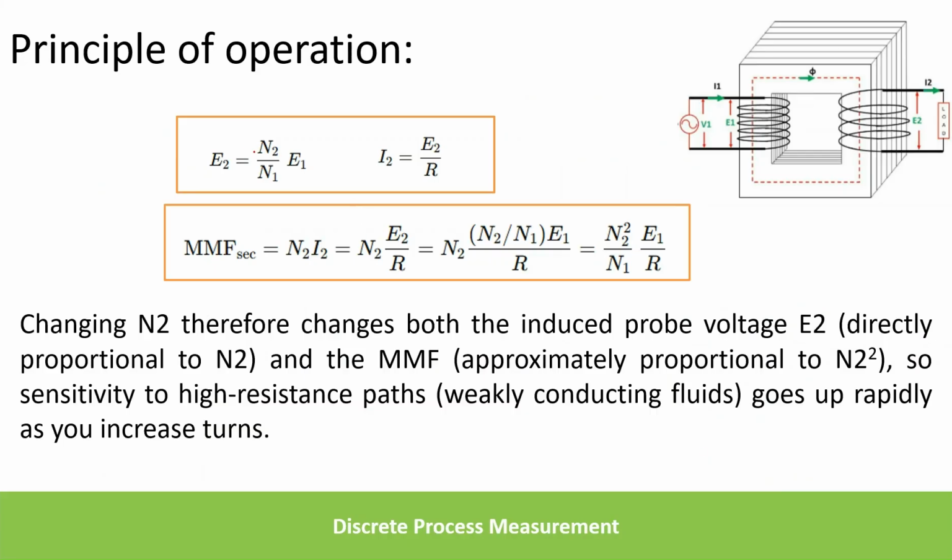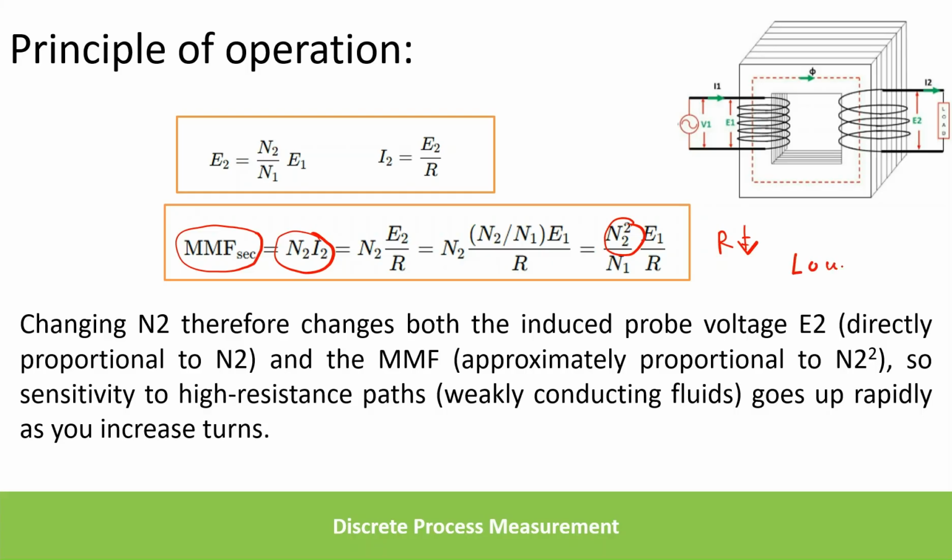Here you can see the equation we have discussed, and this is the magnetomotive force. This is the force that is attracting the armature, given by N2 into I2. If you derive it, it is given by N2 square into E1 by N1 into R, where R is the impedance of the secondary winding. For highly conductive fluids where the resistance will be low, to generate the same magnetomotive force you can use fewer N2 turns.